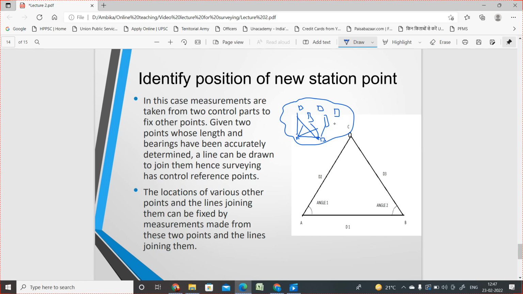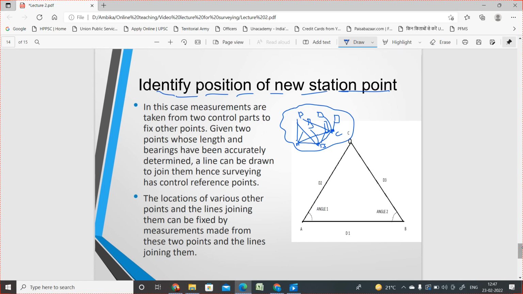So we have to establish another point, that is C. This C is established with the help of A and B, and point C will be established on the ground, and then other readings will be taken. This principle is known as identifying the position of a new station point with the help of at least two known points. So this is again one of the principles of surveying.